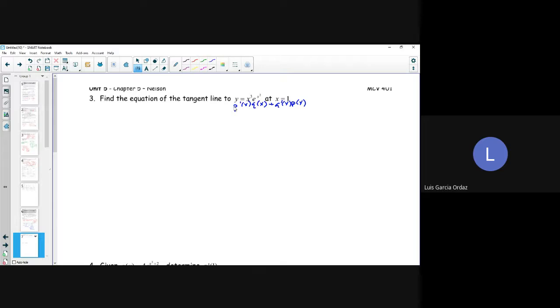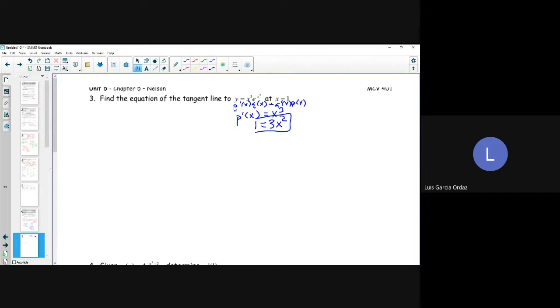So now let's figure this out. So p of x is x cubed, and if you find the derivative of that, that gives me 3x squared.